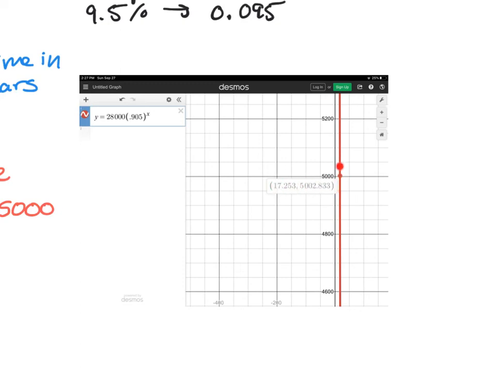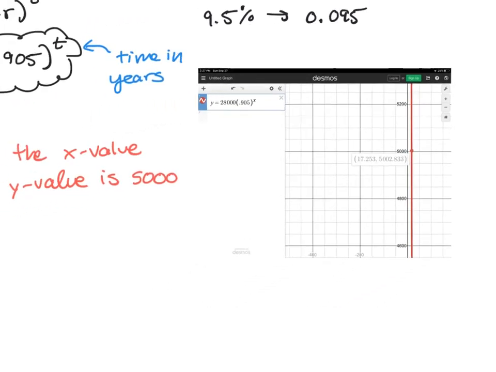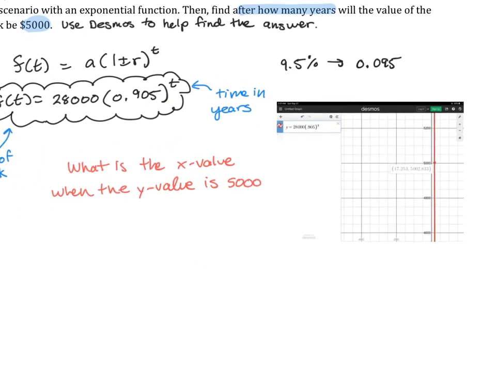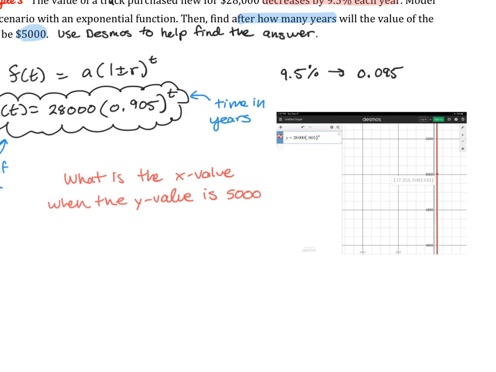So here you can see that I traced along and I got the point 17.253, comma, a little more than 5,000. So this is actually a pretty good estimate. So it's about 17 years. So again, you use Desmos, you trace along till you're really close to when y is 5,000, and you get that your x value, your input, was really close to 17.